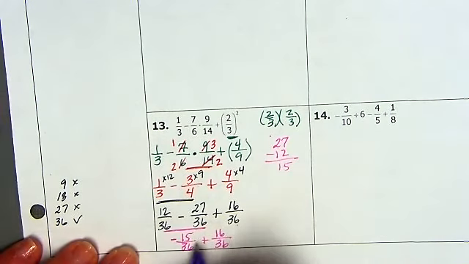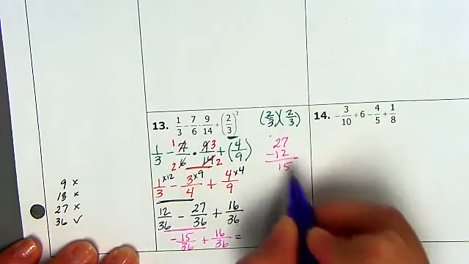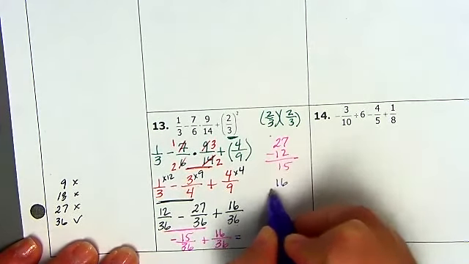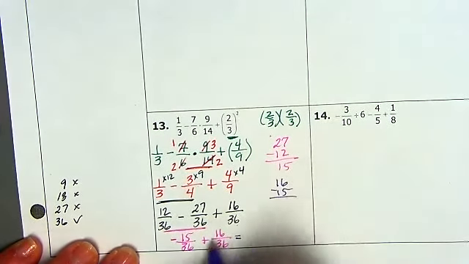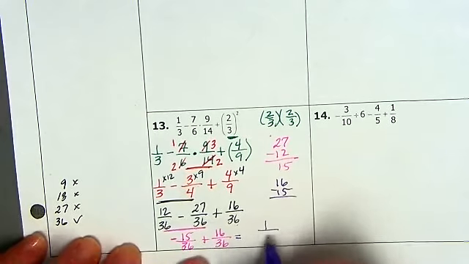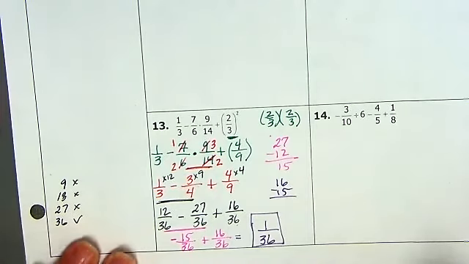Okay, following integer rules, different signs, so I'm actually subtracting, so I'm doing 16 minus 15. My positives are winning, so we get a final answer of 1 over 36 as my answer.